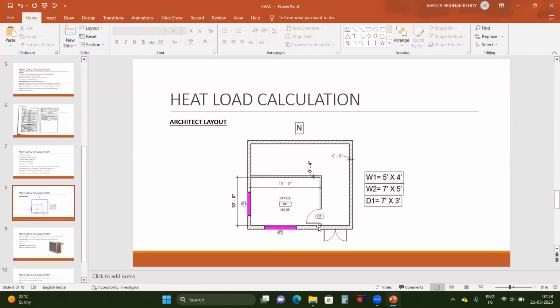A partition wall is one that is not directly exposed to the sun. This outer part is directly exposed to the sun, while this internal part is connected with another room, so it is not directly exposed to sunlight. We call this a partition, which separates it from the other room.